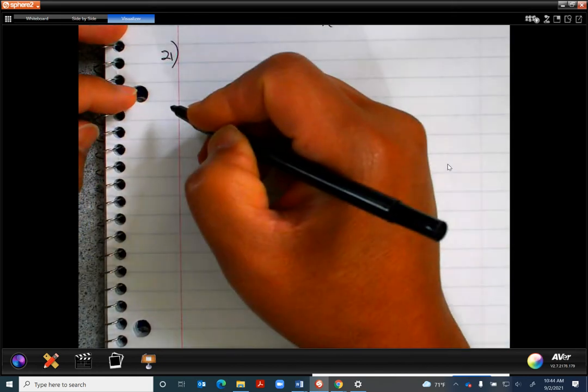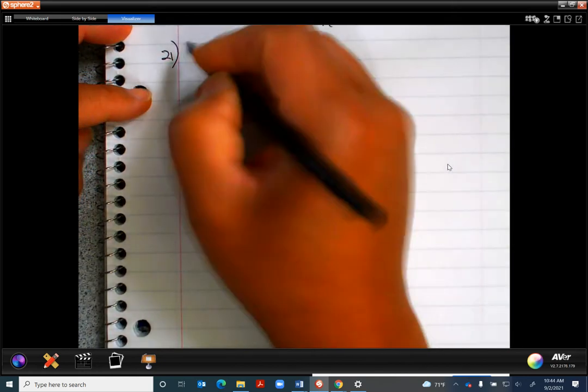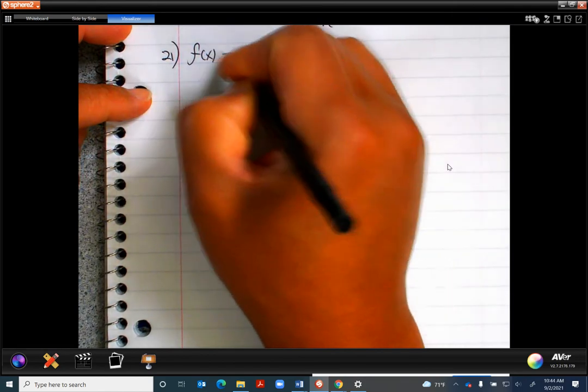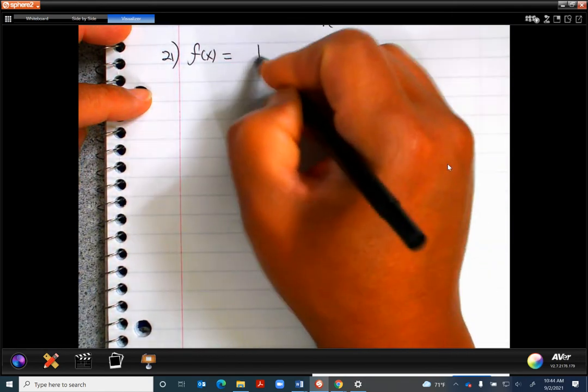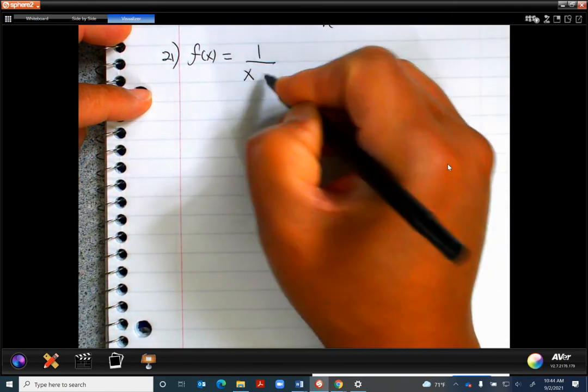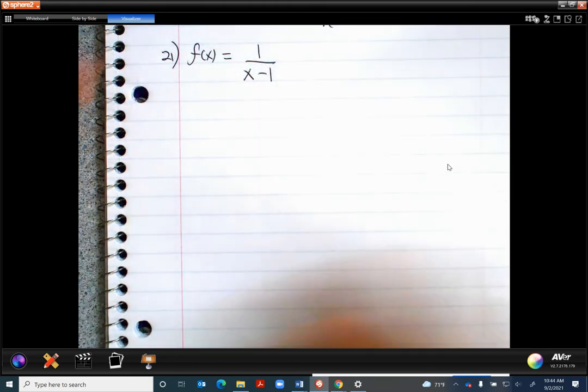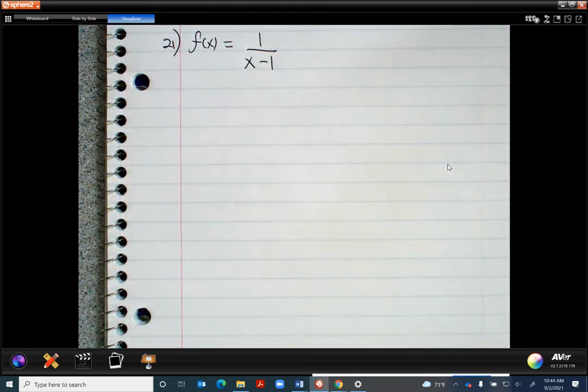Alright, so let's take a look at some of the harder ones. Take a look at number 21. I think that's part of your homework, either today or tomorrow. So we have f of x is equal to 1 over x minus 1. Read the direction. What do they want you to find? Derivative.